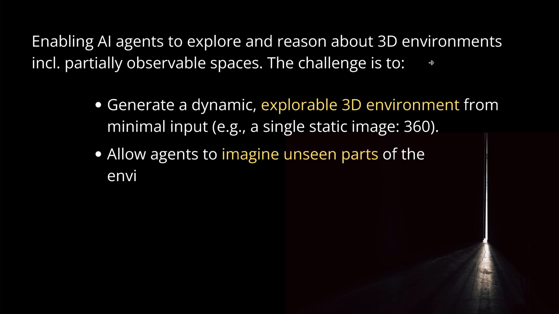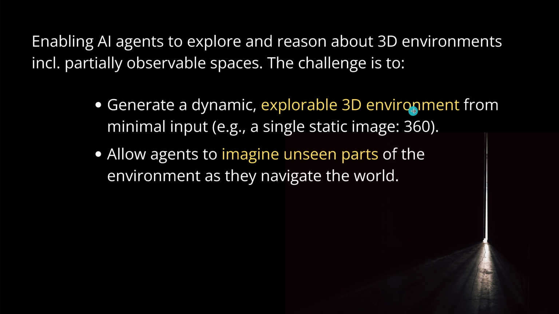So the challenge is now to build a dynamic, explorable 3D environment from a minimal input. Let's say we have, like I showed you, only a single static image, but a 360-degree image of a city. And then we send off our agents. And we have to make sure that we allow our agents to imagine unseen parts of the environment as they navigate the world.